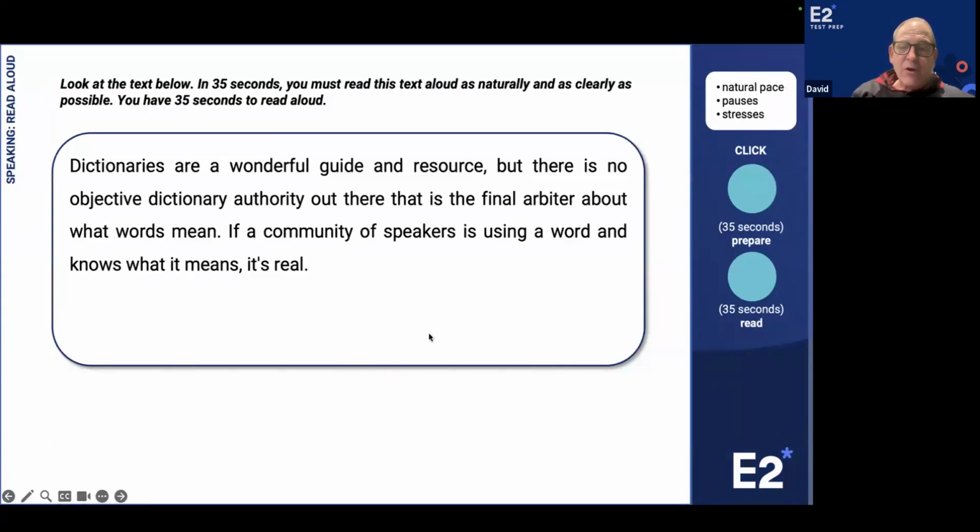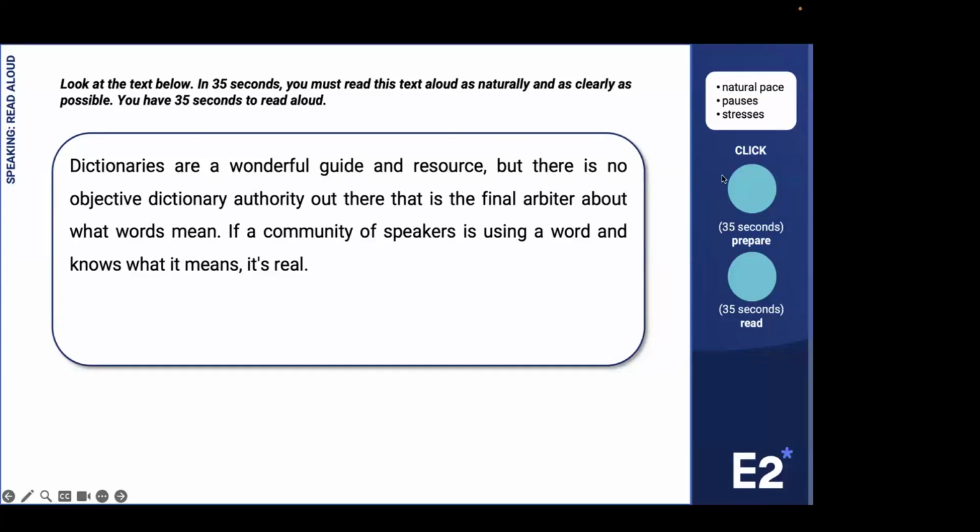First one is read aloud. 35 seconds to prepare, then 35 seconds to read aloud. 35 seconds preparation time starts now. Are you ready to read aloud? Here we go. Time starts now.